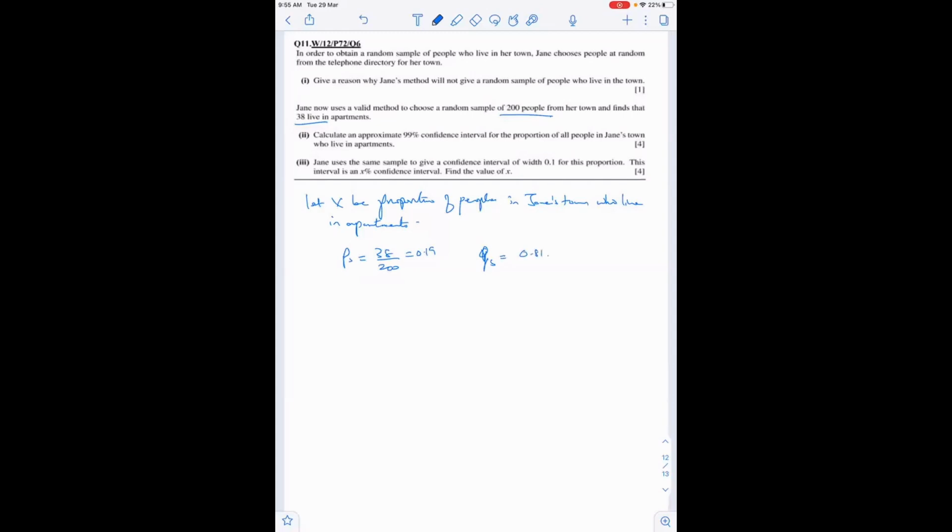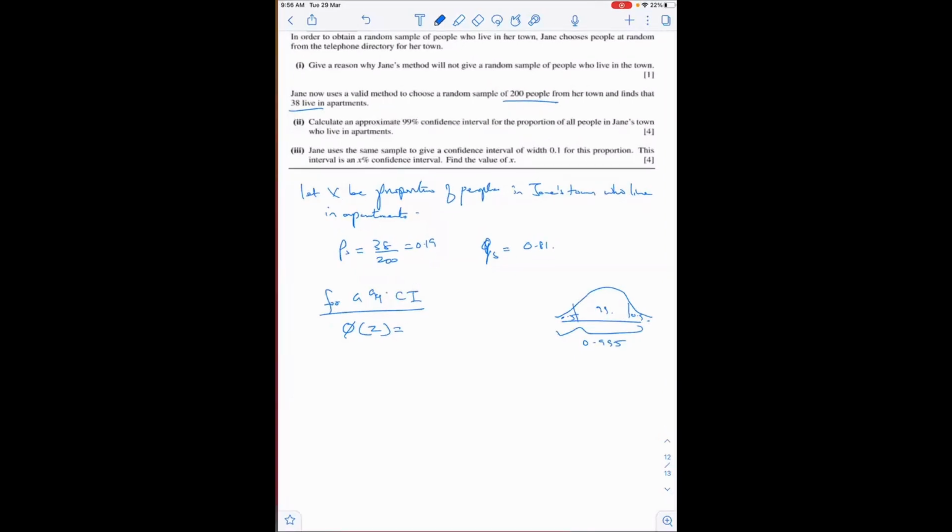Here write: for a 99% confidence interval, phi of Z equals 0.995, since 99% leaves 0.5 here and 0.5 here. This is coming out to be 2.576.